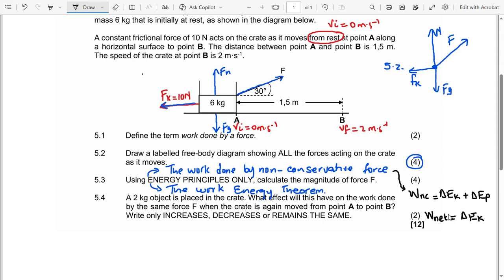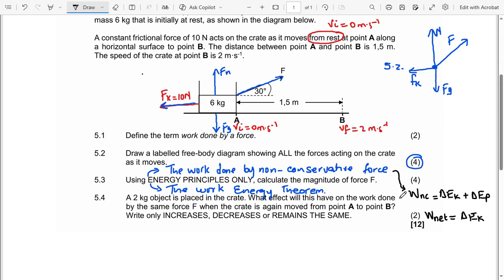Now let me explain the first one, which is the non-conservative force. I need you to look at the free body diagram from question 5.2, and then determine which non-conservative forces are acting on the crate. You won't be able to determine the non-conservative force if you don't understand what a non-conservative force is.